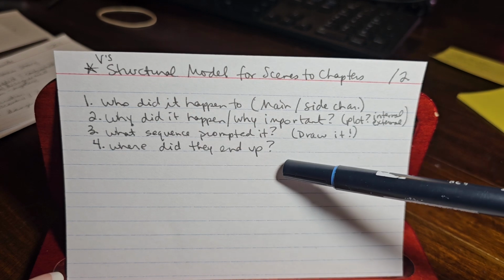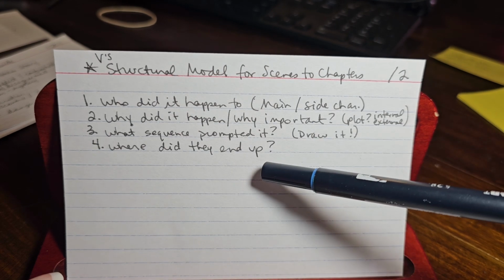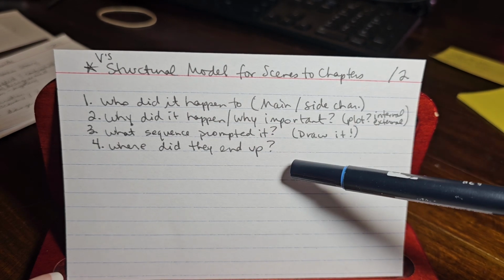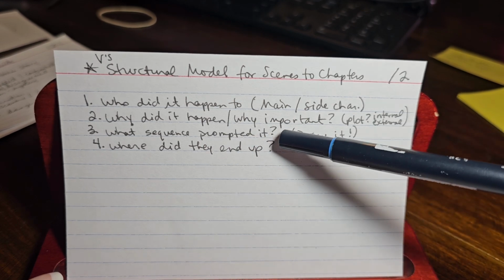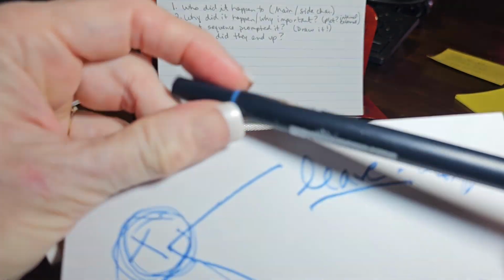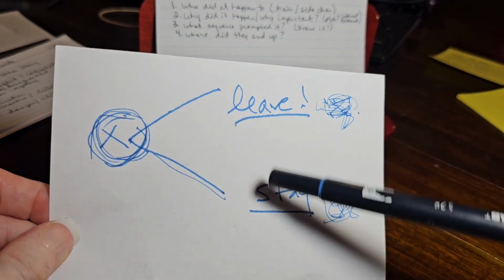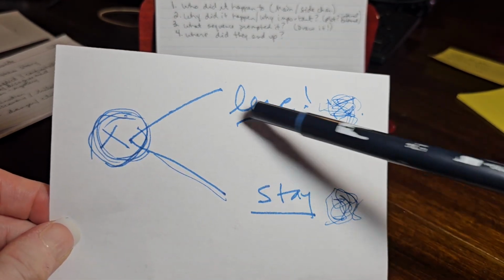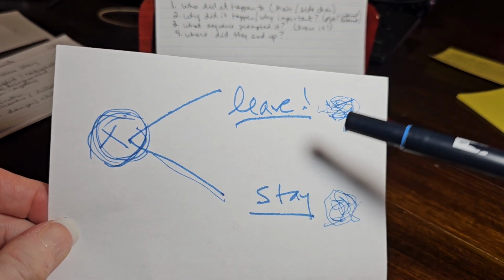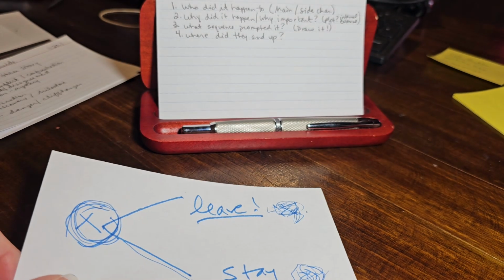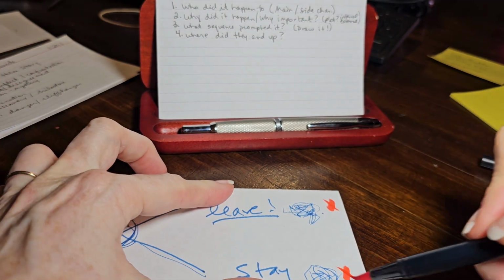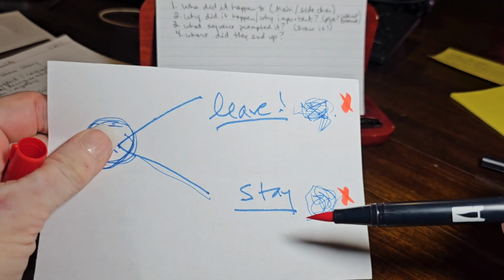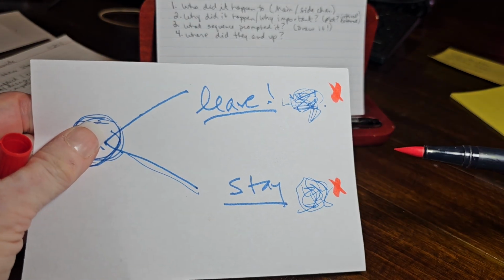After these things that happened, you've identified who it happened to, why it happened and why it's important, was it internal or external, and what sequence prompted it. You've drawn out, you've modeled for yourself the possibilities of that sequence, and then you're asking yourself ultimately, as a result of those things, where did they end up?